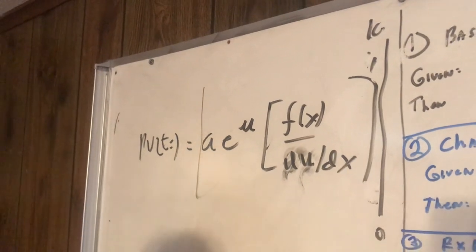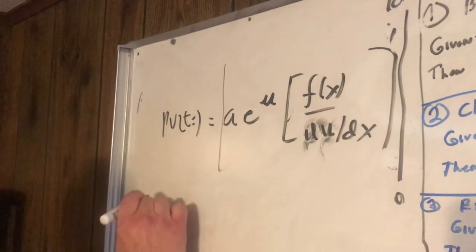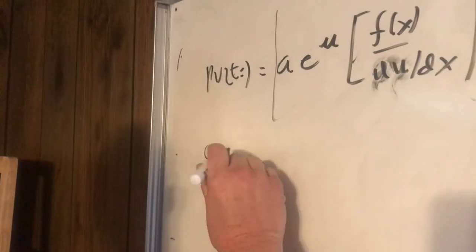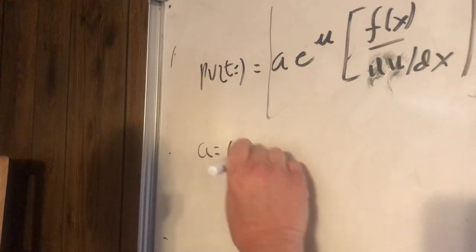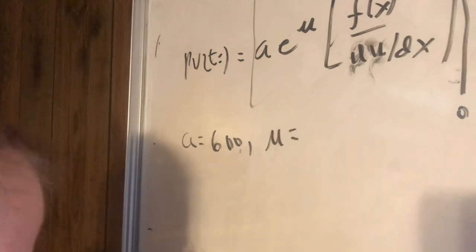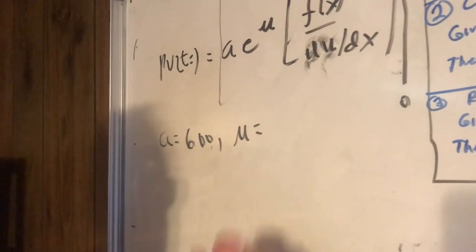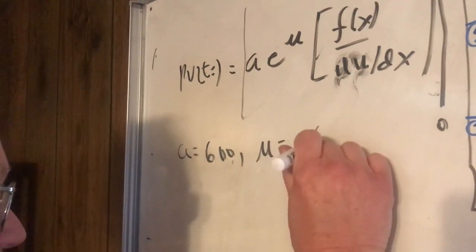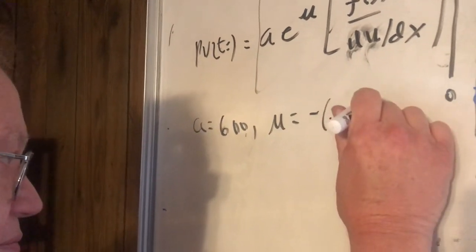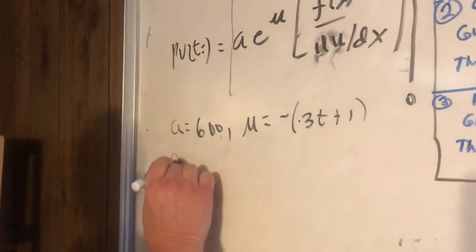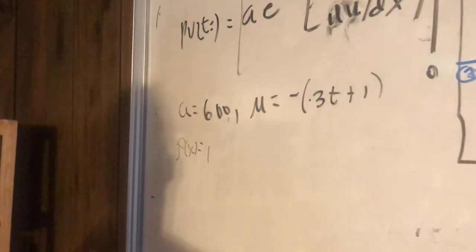Okay, so let's define our terms. Here, A equals 600. U is going to equal minus 0.3 t plus 1. F of x equals 1.